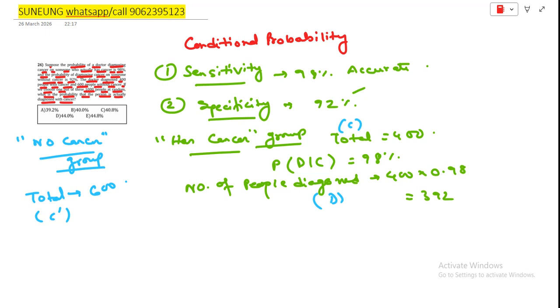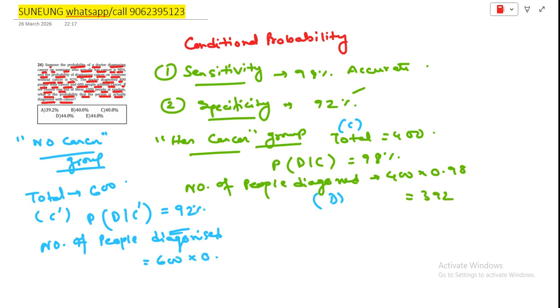Now the probability of diagnosis D given they don't have cancer is what? 92% according to our weirdly aggressive doctor in the prompt. So the number of people diagnosed here, 600 times 0.92, that is 552.